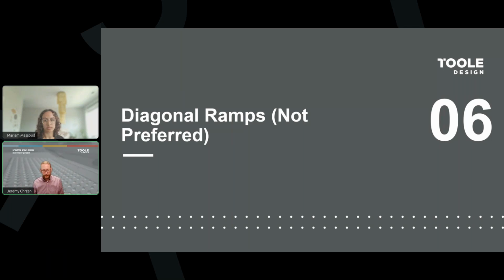But the flaw of that thinking is that if you are on a steep road or even a minorly sloped road, let's say 5%, if you try to incorporate a landing at the top of that ramp, that inevitably means steepening the transitional panel from that landing back to the existing sidewalk. So you're actually creating a condition that can be more challenging for a person using a wheeled mobility device to navigate.